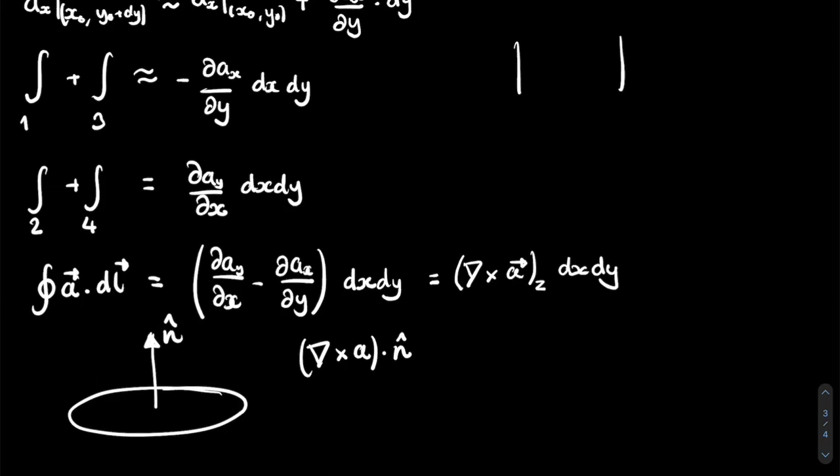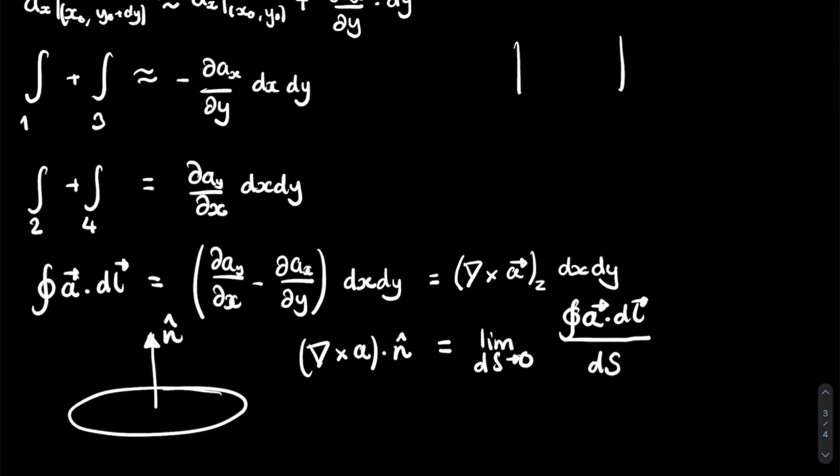It's not specific to this dimension, it's just that we happen to be integrating over the xy plane, which is why we got the z component of curl, because z is normal to the xy plane. It is going to be the limit in which the surface area tends to 0 of the closed loop integral of A dot dl, all divided by dS right here.